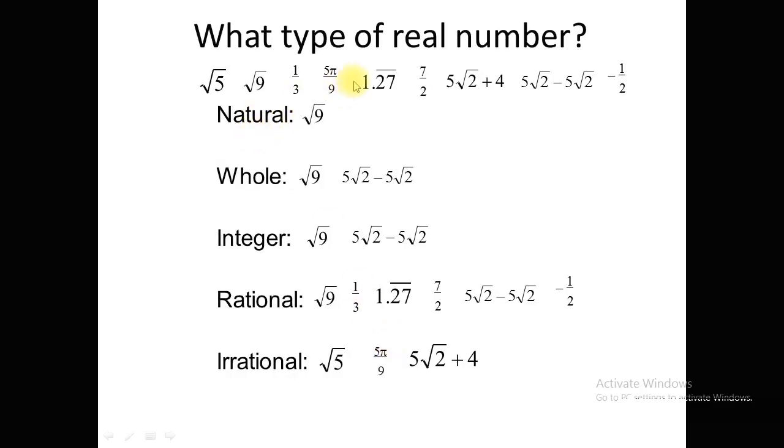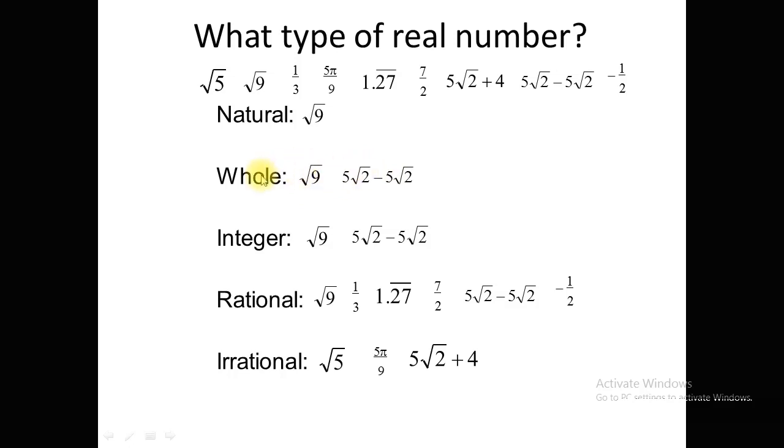Now what type of real numbers are these? To identify them: square root of 9 is equal to 3, a natural number. 5 square root of 2 minus 5 square root of 2 cancel, so we get 0, and square root of 9 is equal to 3.